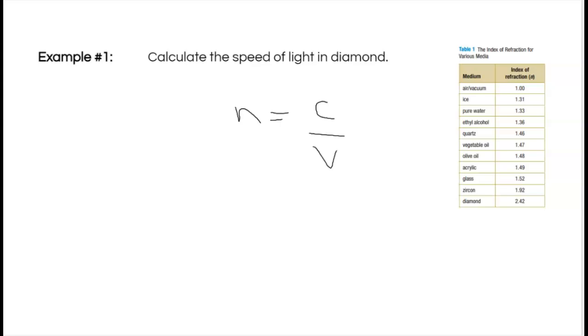I'm going to need to know 2 out of these 3 things, n, c, and v. The index of refraction I can always find on a table unless I don't know the material. In this case, I'm looking for the value for a diamond, so I just need to look on my chart, and there it is for diamond. So I can fill that in as a given.